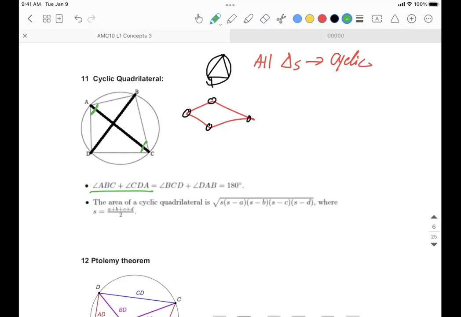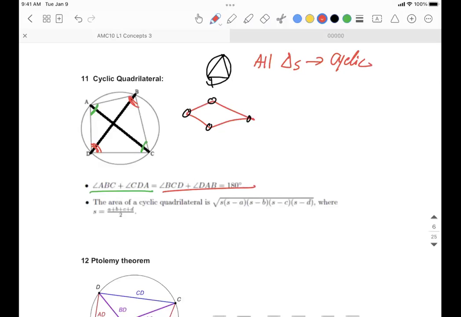Whenever you have two opposite angles adding together equal to 180 degrees, this is going to be a cyclic quadrilateral. Okay?